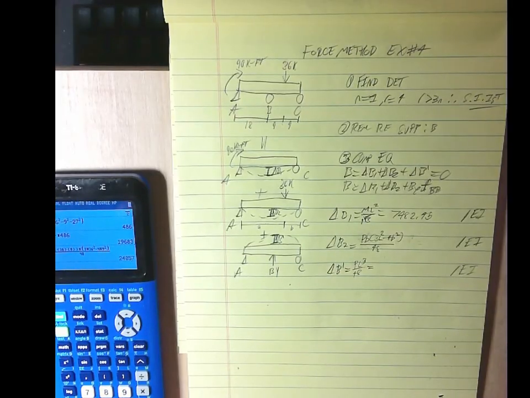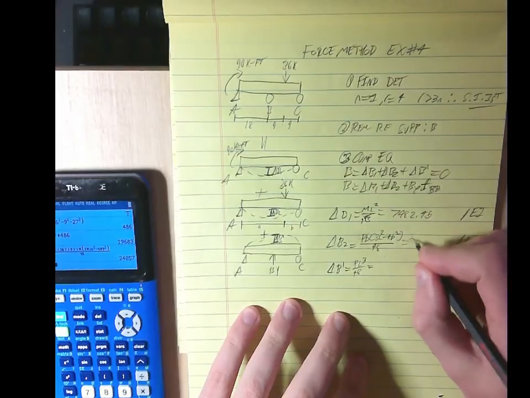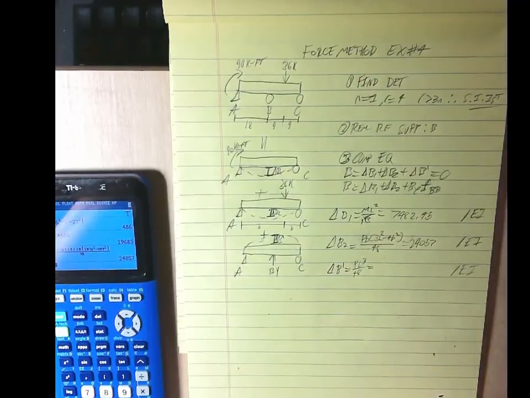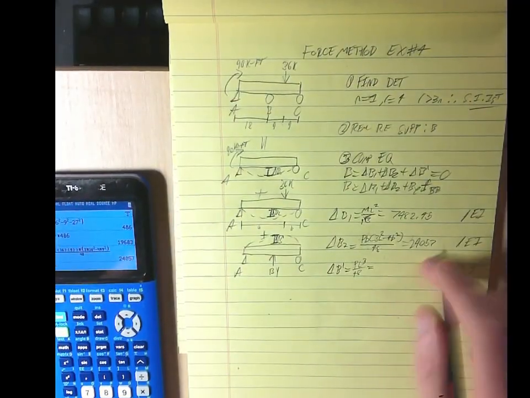Okay, there we go. Here we have 24057, which is what I think is correct.